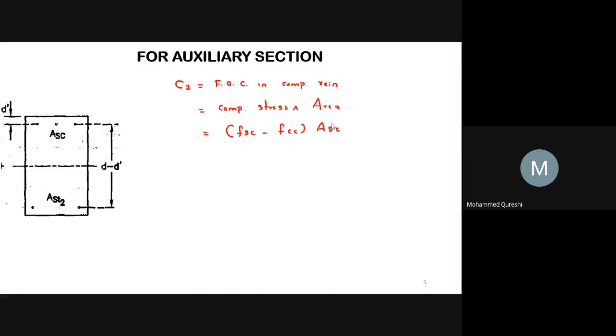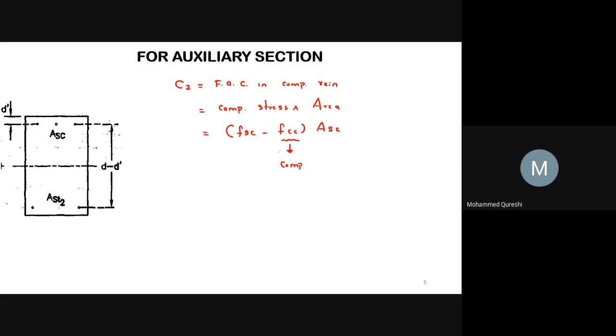As we had discussed in the previous figure, we had not provided concrete, hence we have to remove Ac, that is the area of concrete, and while removing the area of concrete, we have to subtract the compressive stress in concrete.